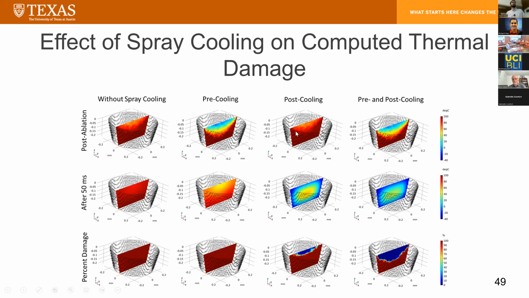However, it's already damaged from this first heating during the laser pulse. And so we really need the combination of the pre and post spray cooling to limit the heat in the tissue and then very rapidly remove the heat that's there. And according to our computational model, with this method, we can preserve a portion of the harvested tissue.